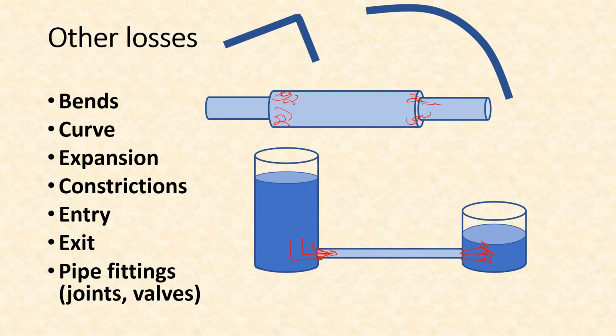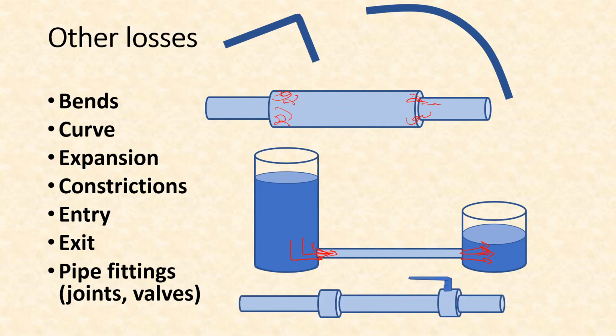Other types of losses can be in pipe fittings, that is there will be joints in pipes, there will be valves in pipes, so they will also introduce some kind of disturbance in the pipe flow, and some more head will be lost in overcoming these things. All these losses are also called minor losses, and loss due to friction in pipe is called the major loss.